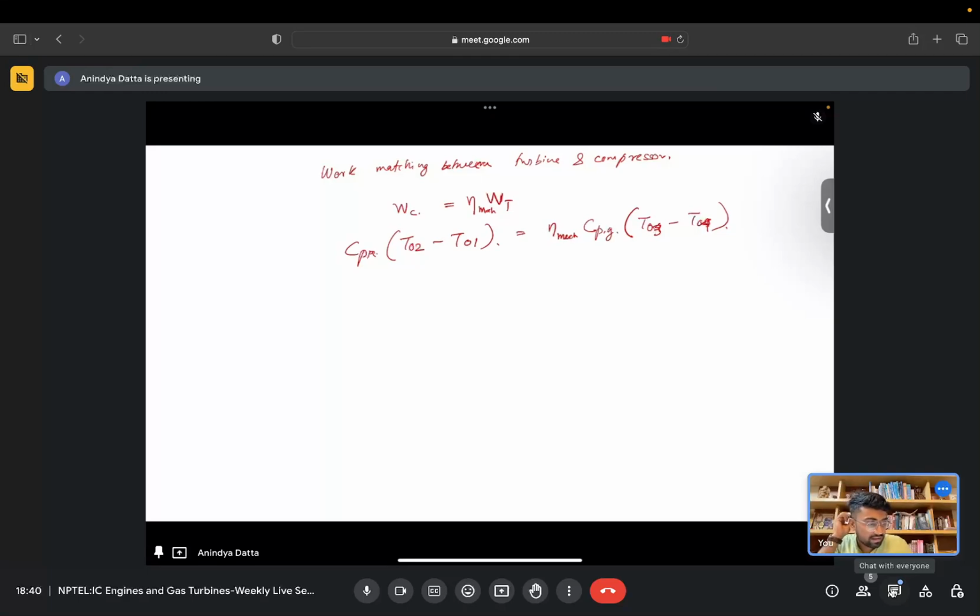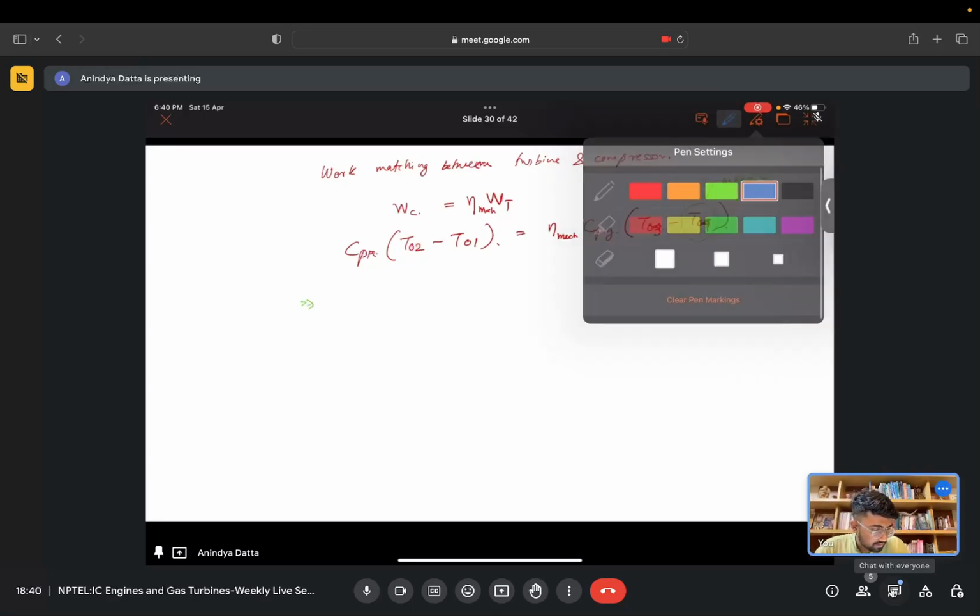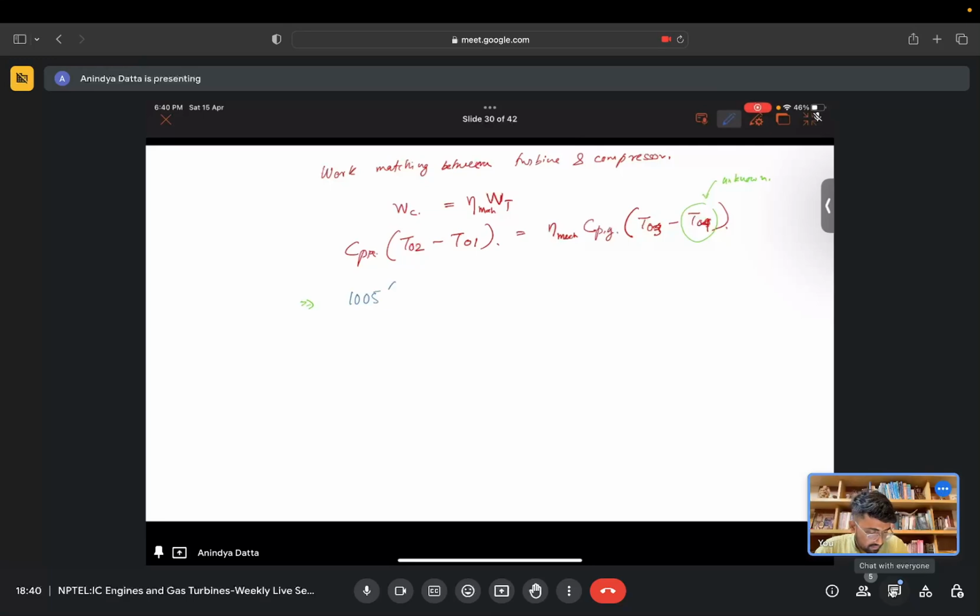This expression is clear. Now what is unknown here? T04 is unknown, right? All the other things we know. So Cp of air is 1005, T2 is 493.16, T01 is 259.34, eta mech is 0.99, and Cp of gas is 1147, T03 is 1180, and we have to find out T04.